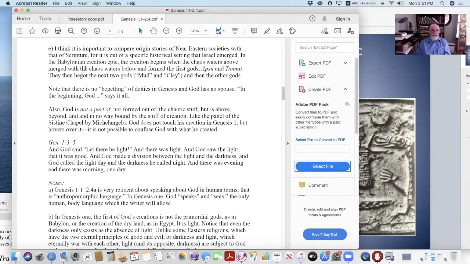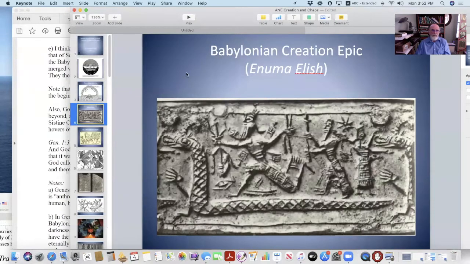Like the panel of the Sistine Chapel by Michelangelo in Italy, God does not touch his creation in Genesis 1, but hovers over it. He is sovereign over it, is not to be confused with what he has created, and is in no way bound by it. So let me move back to some of these pictures.